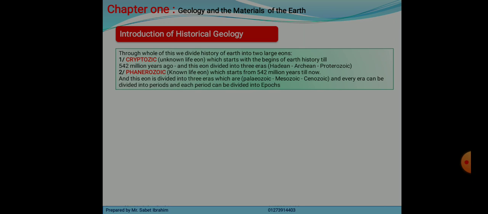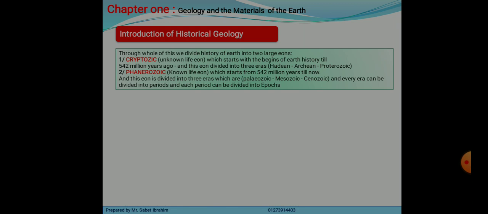The second period of Earth's history is known as the Life Eon, Phanerozoic, which starts from 542 million years ago till now. This eon is divided into three eras: Paleozoic, Mesozoic, Cenozoic.